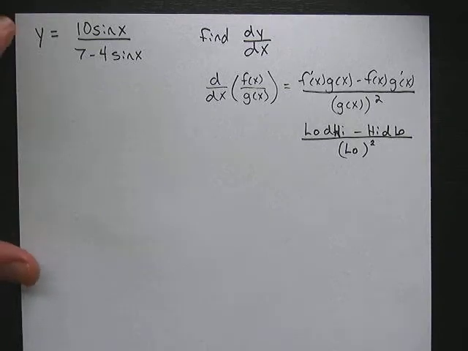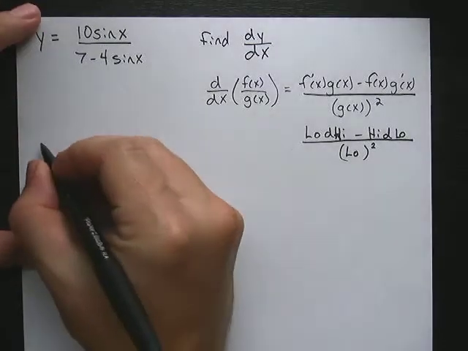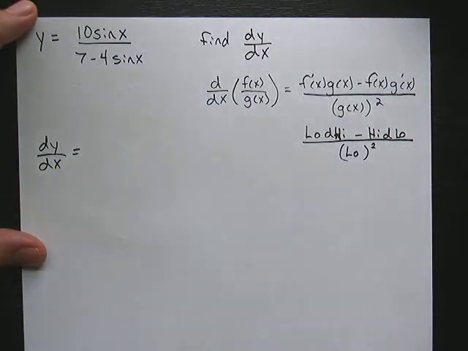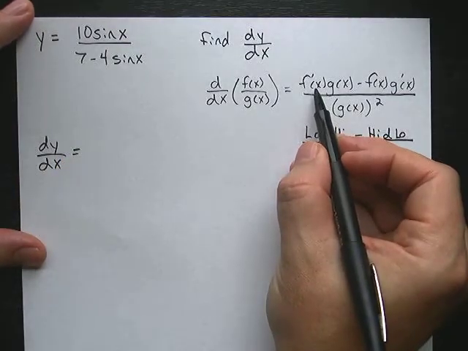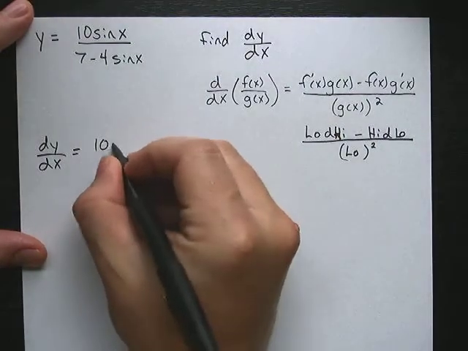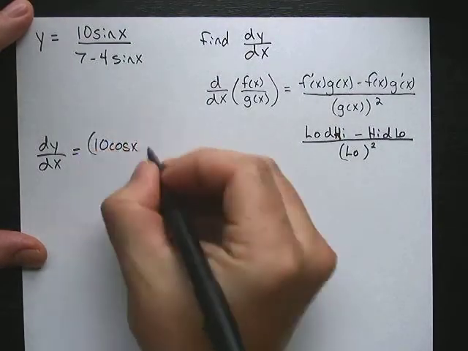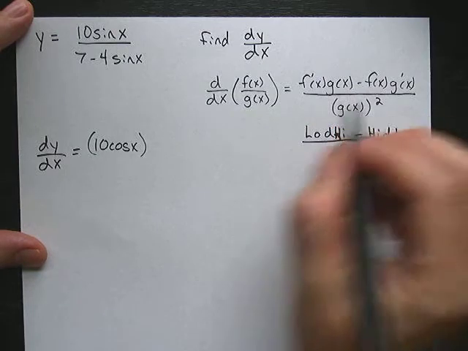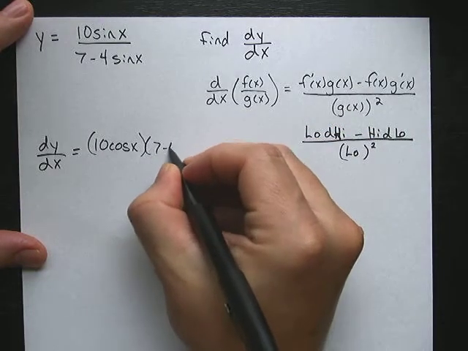Okay, so let's see what we've got when we start doing this. So dy over dx. The derivative of the top function, so the derivative of 10 sine x is 10 cosine x. Okay, and then we have times the bottom function, so times 7 minus 4 sine x.